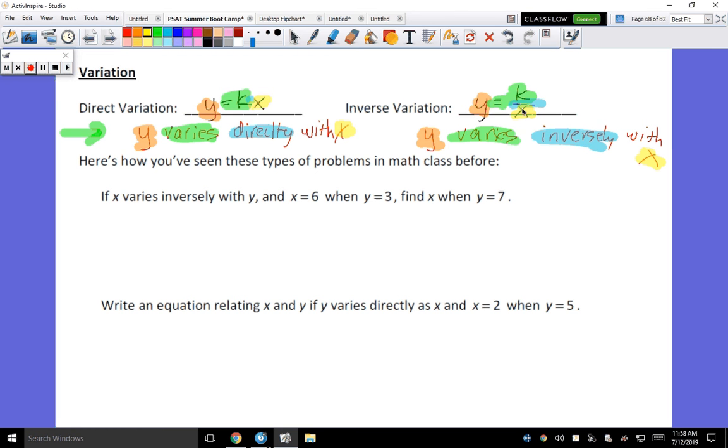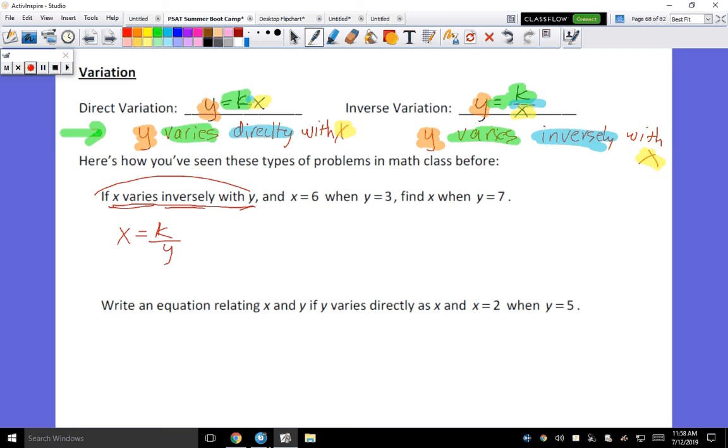And if you notice, these problems are cake. Like, they're so easy. Like, you read this, x varies inversely with y. I write what? X varies, that's x equals k, divided by, because it says inversely, with y.